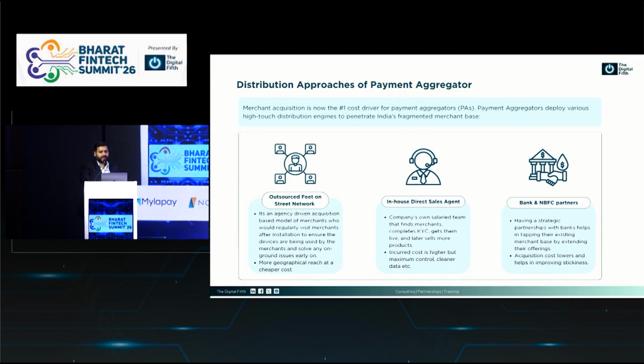Here the cost might be higher, but you will have better controls as well as cleaner data. Banks and NBFCs also play into it, where the partnership is done with bank and NBFC partners. Here the acquisition cost will be lower, and it can also be offered as part of upselling your current account product at certain places.